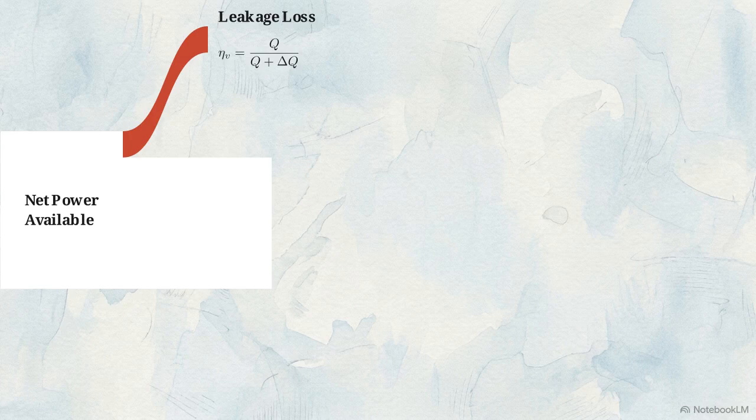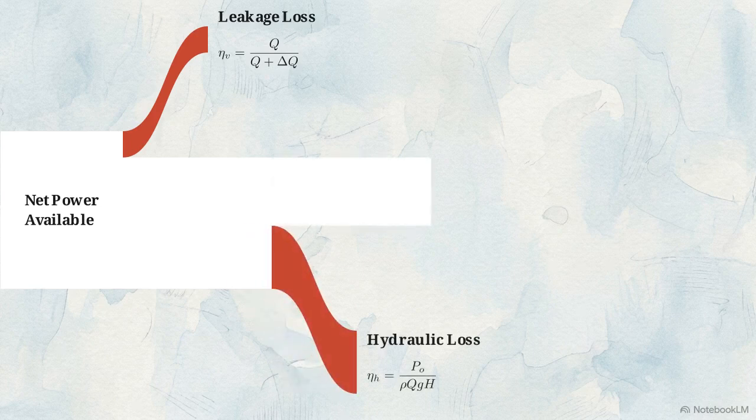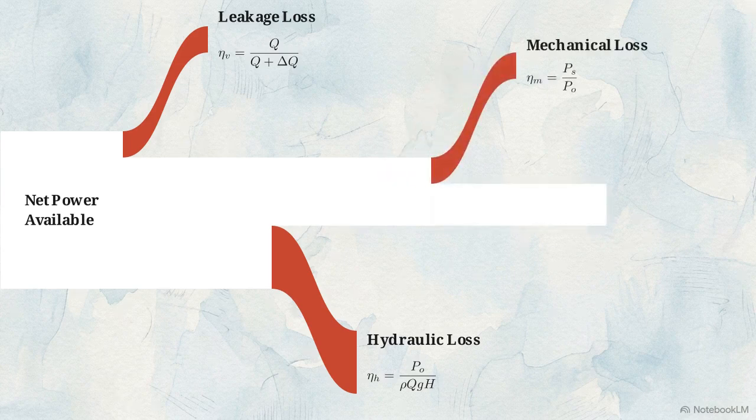Next is hydraulic efficiency. This compares the power developed by the runner against the actual power supplied to it by the fluid, accounting for blade friction and turbulence. Then we measure mechanical efficiency, which compares the final shaft output to the runner output, subtracting the energy lost to the physical friction of heavy steel bearings.